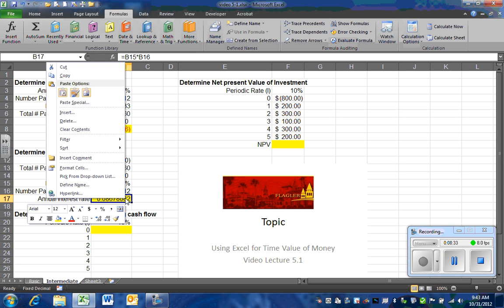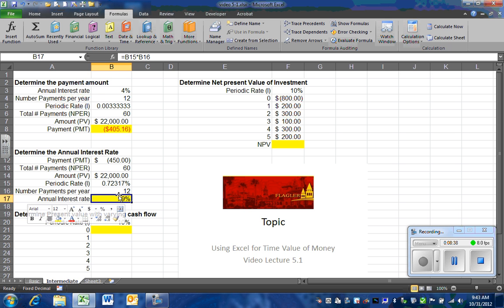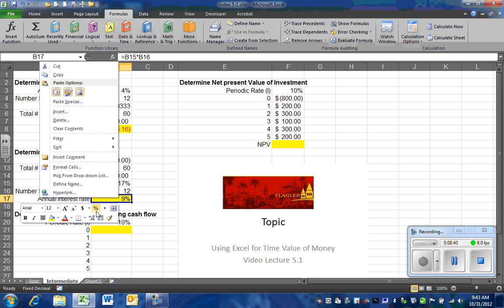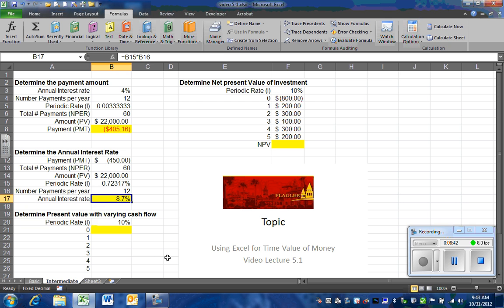And we'll get an interest rate of a little less than 9%, 8.7%. So even though these payment amounts appear to be close, notice there's a much higher rate of interest when we use a lease versus a buy.